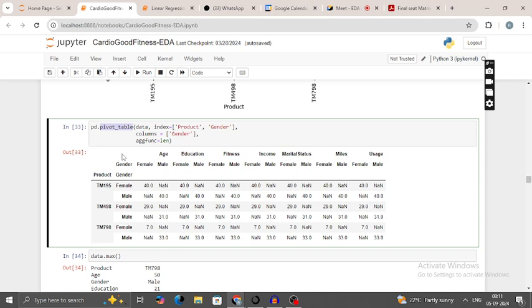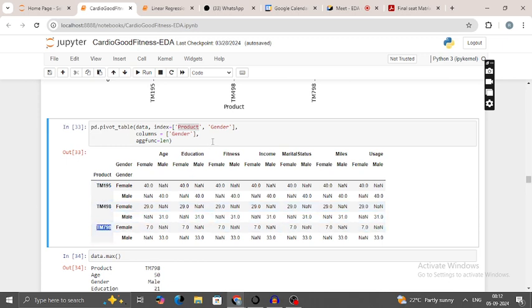Don't simply listen. So pd means pandas, pd.pivot_table with data. This is the same data. See, product against gender. Pivot tables are used to expand. How many products do you have? Three products: TM195, TM498, TM798.